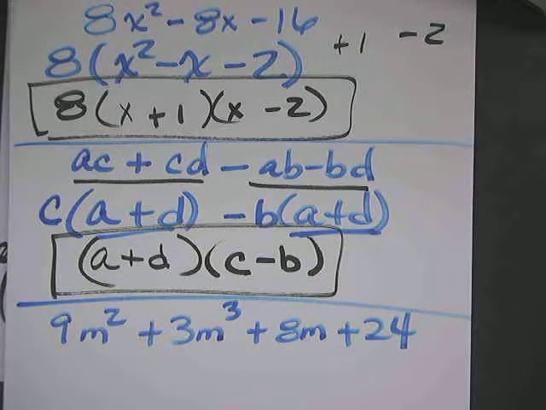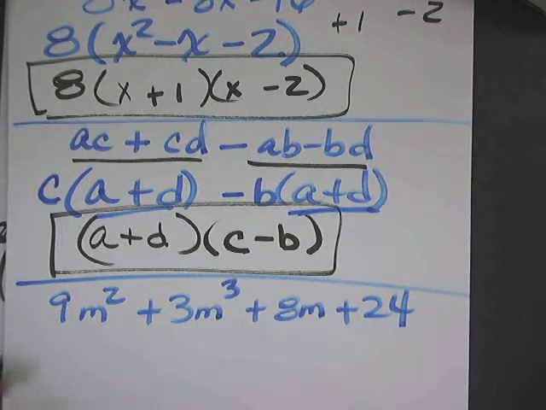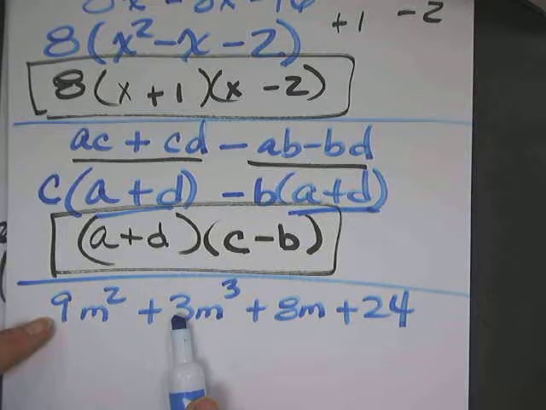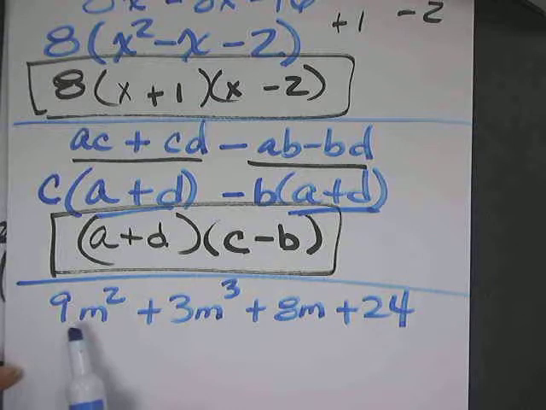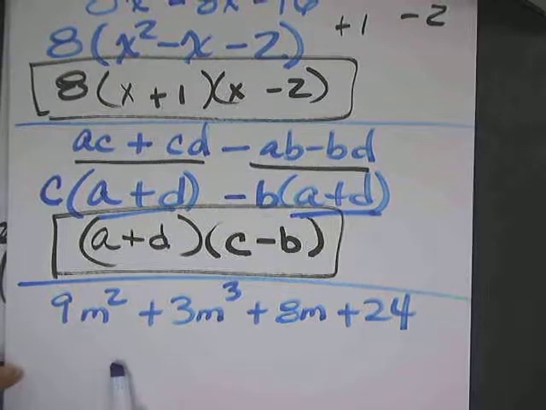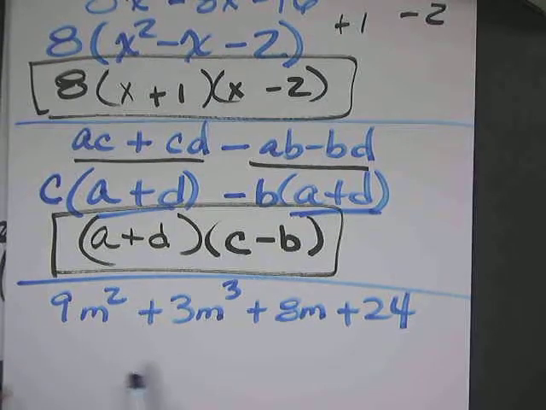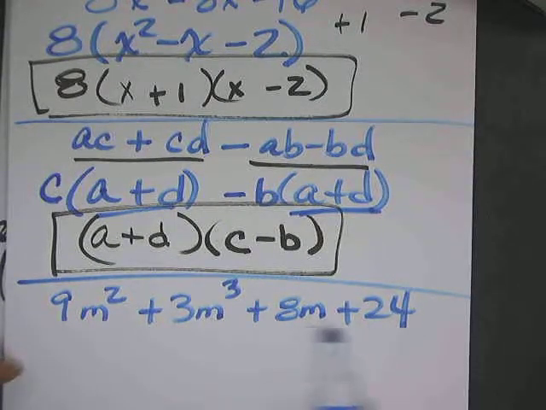Let's do 9m squared plus 3m cubed plus 8m plus 24. When they're grouped, do we really have to put them in a descending order? Not really. You don't have to. You could.